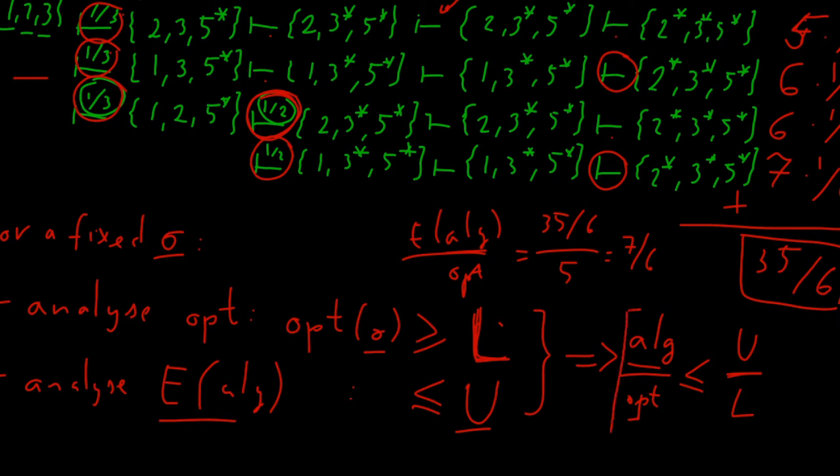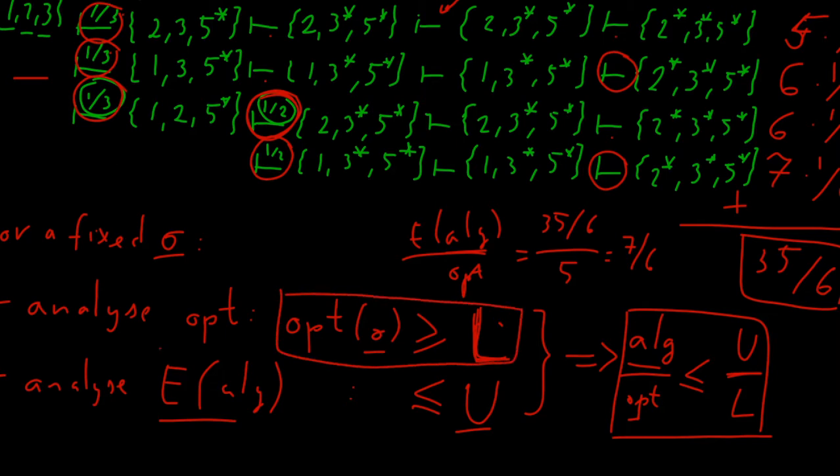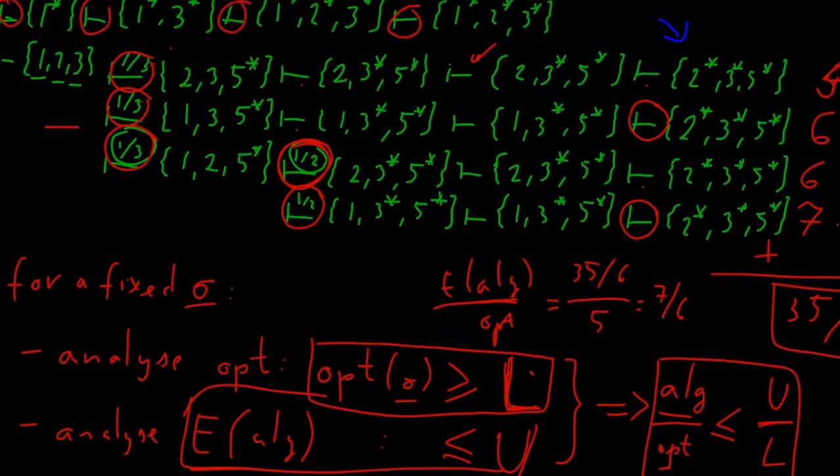So I just have to give a lower bound for the optimum and an upper bound for the expected cost of the algorithm. This is always the case if we want to bound the competitive ratio.